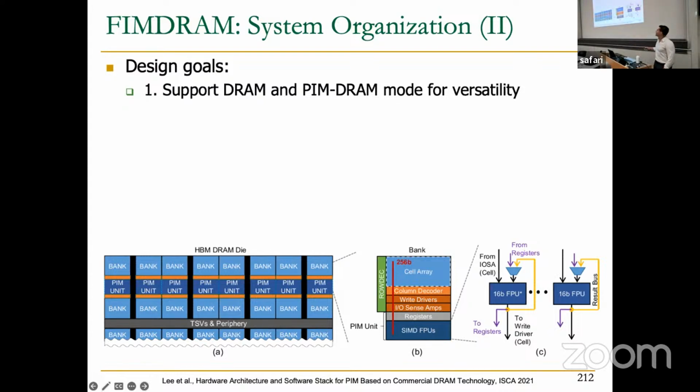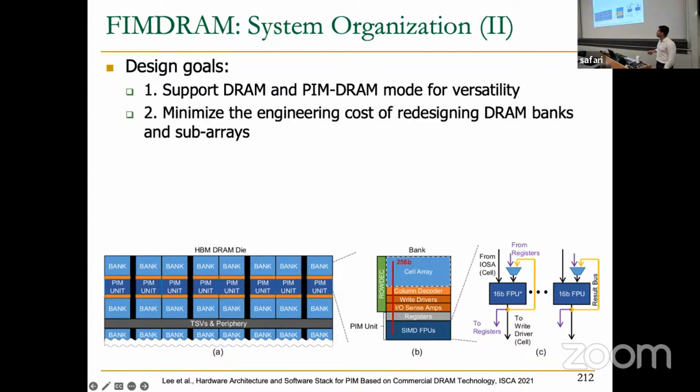This is going to impact how this chip is operated. The second thing is that they want to minimally redesign the DRAM cell area. This area inside the DRAM chip is where they make their money. It is really optimized for density, so they don't want to change that or move things around. They are going to restrict themselves to adding computation to the peripherals.